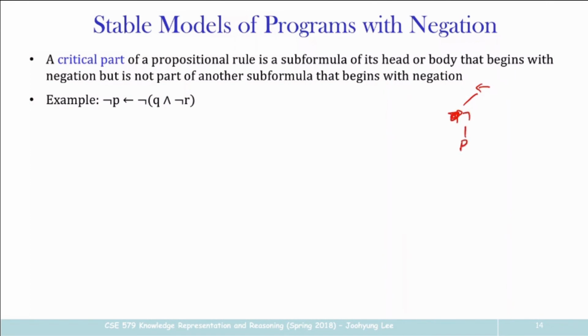Negation, P, negation, okay. So you can draw the parse tree, right? Which one is the critical part of the formula?